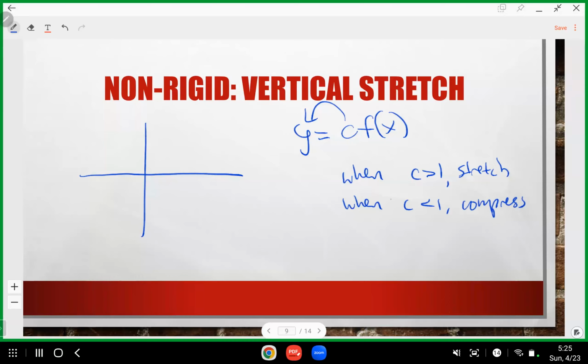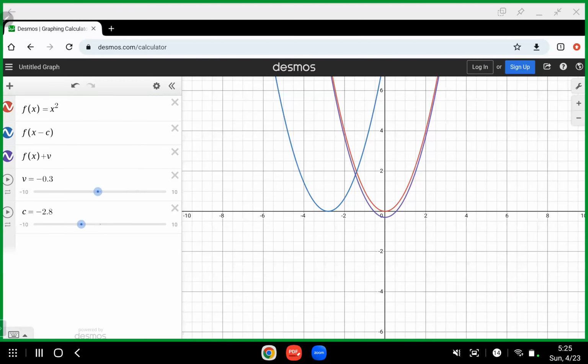Also note that this is in between 1 and 0, because when it's negative, again, it reflects. So you can have f of x here, but you can stretch it by multiplying it by like 1.5 or something. Or you can compress it by multiplying it by 0.5. It's all possible. Let's go to Desmos and try to model that.